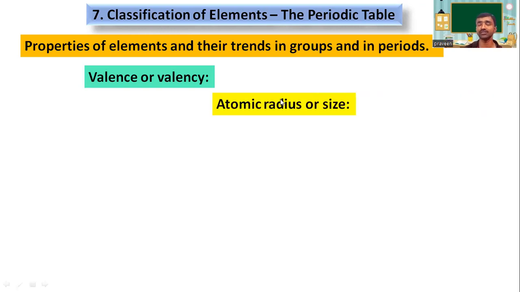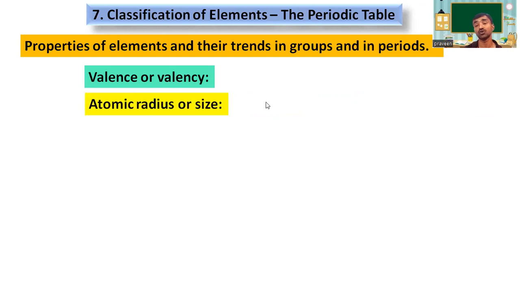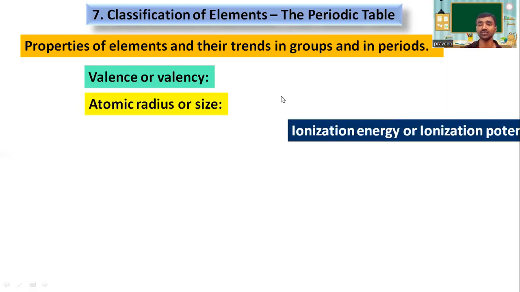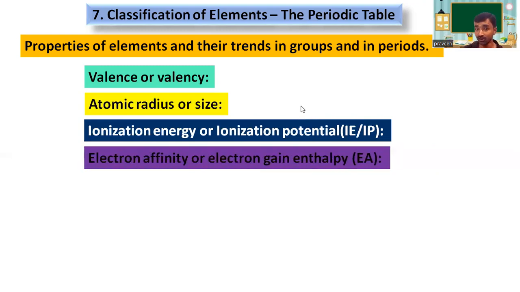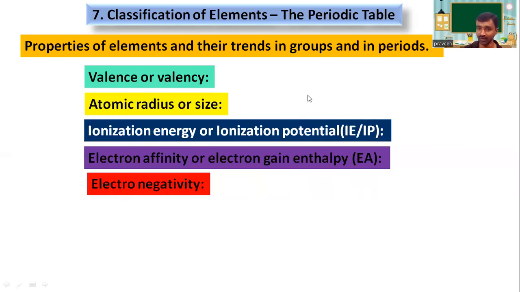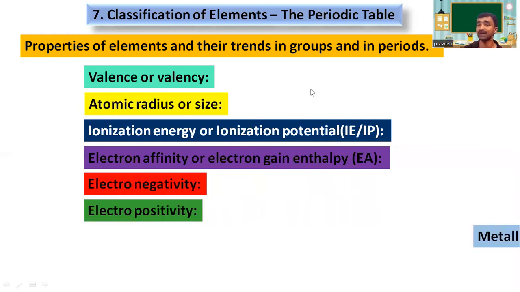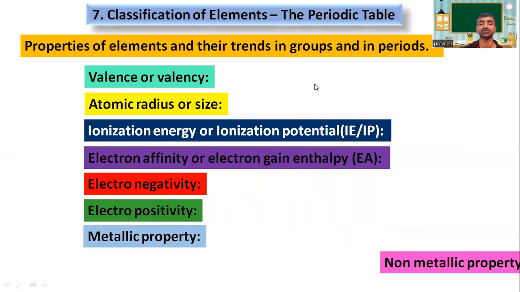The next property is size, also called atomic radius or atomic size. The next is nuclear charge or ionization energy, ionization potential. Next, electron affinity or electron gain enthalpy. Next, electropositivity, electronegativity. Finally, metallic and non-metallic properties.